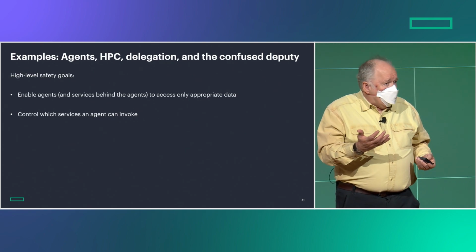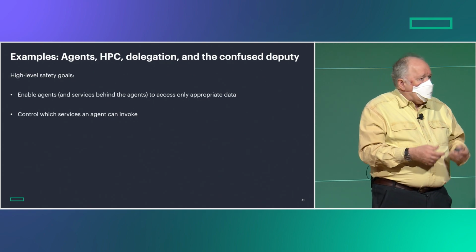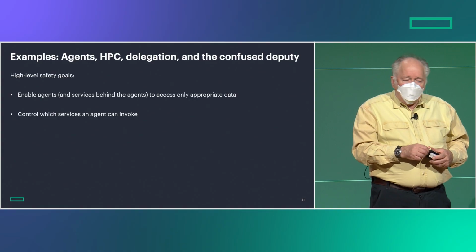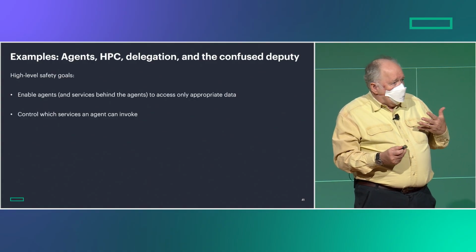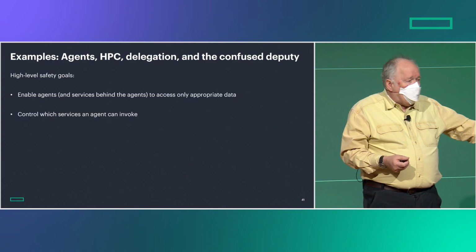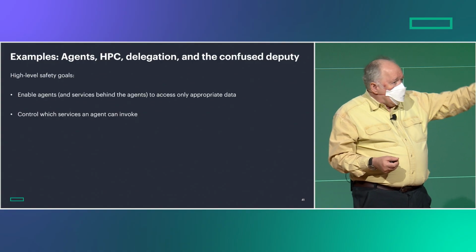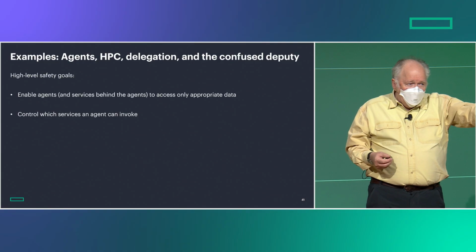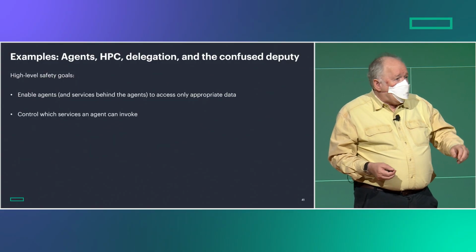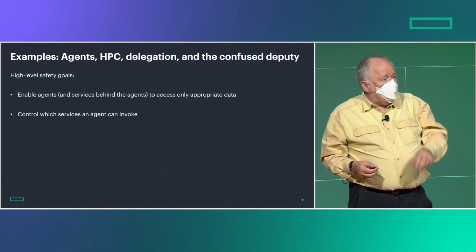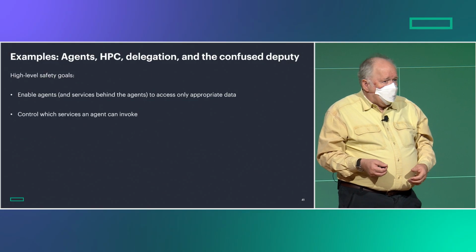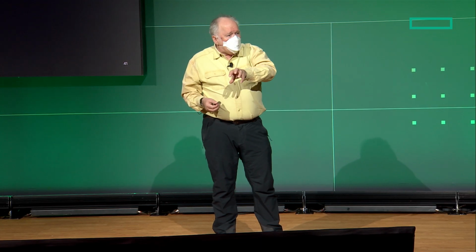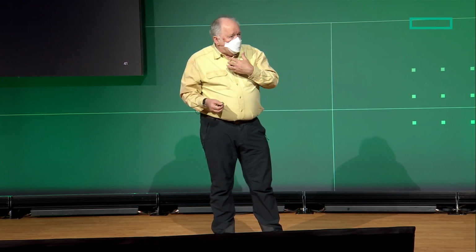With agents, we have a slightly different situation. Suppose we have me as a user. I have rights to see my data, but not to see the directory that it's contained in. Molly here could be an agent, and she could be forwarding work to a service. The service has rights to see the directory, but not my data.